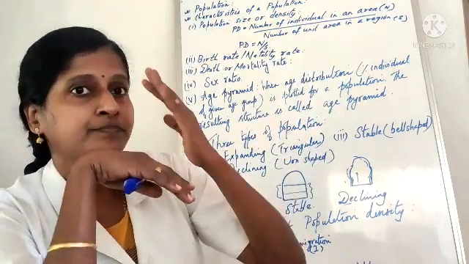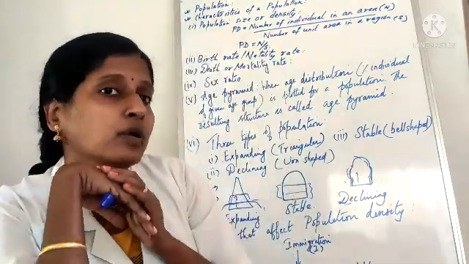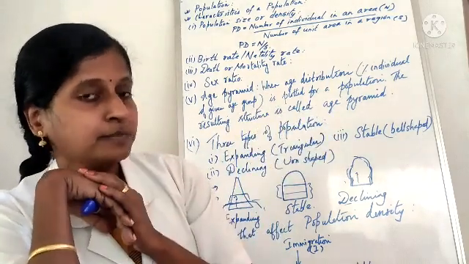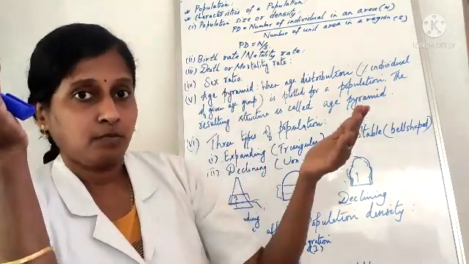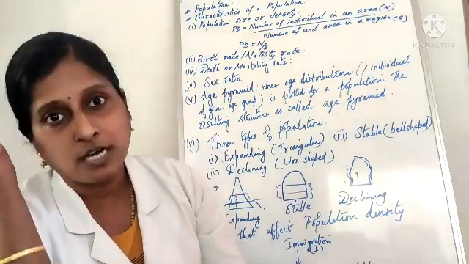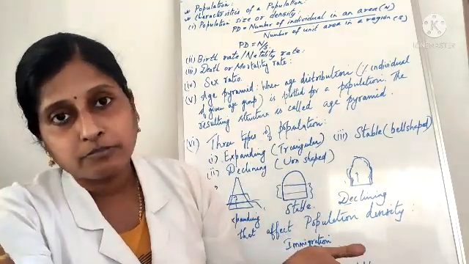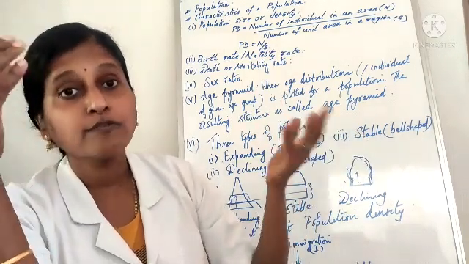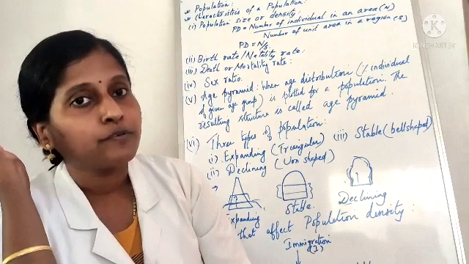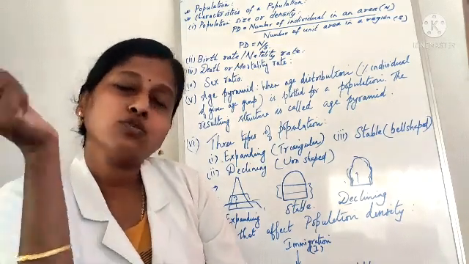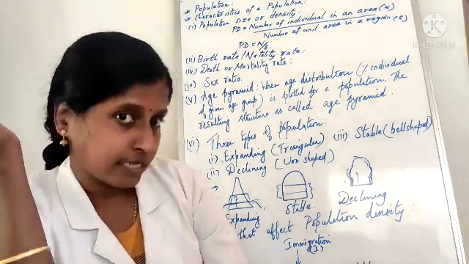Like that I am counting, till I reach 1000. In that 1000 individuals, next year how many newborns are there, that will be your birth rate. Number of newborns or number of births divided by 1000 individuals, we call it birth rate, or we can also call it natality rate.